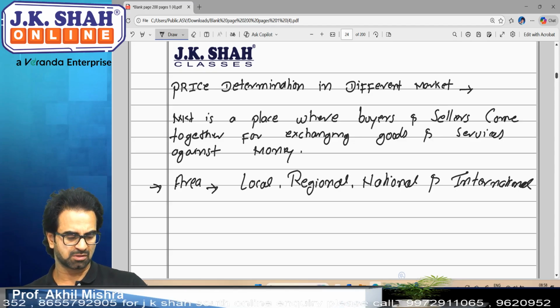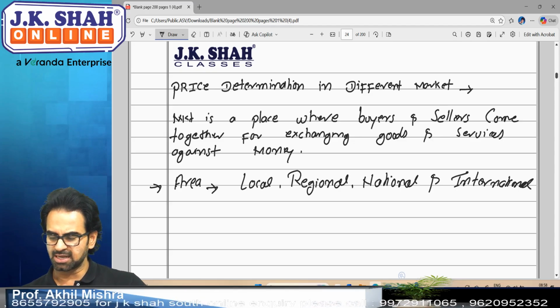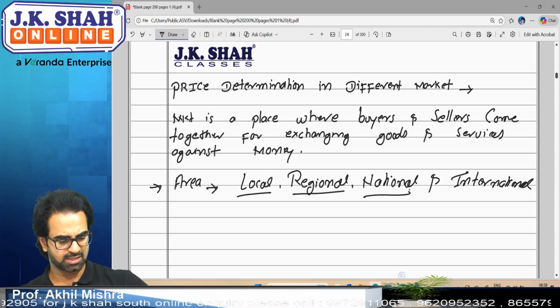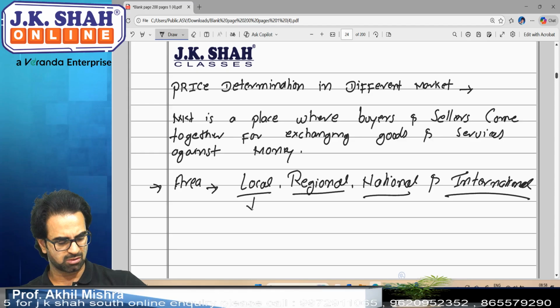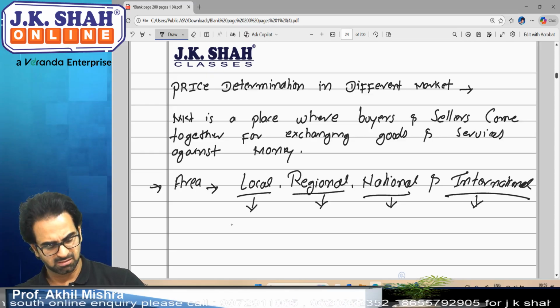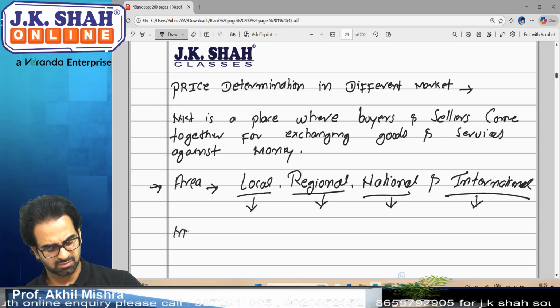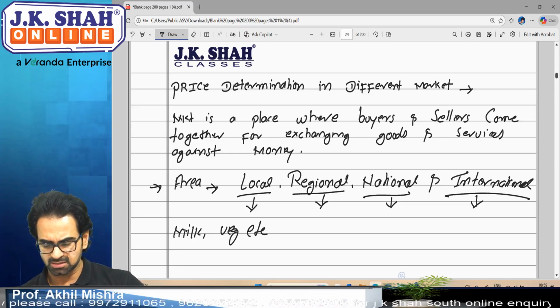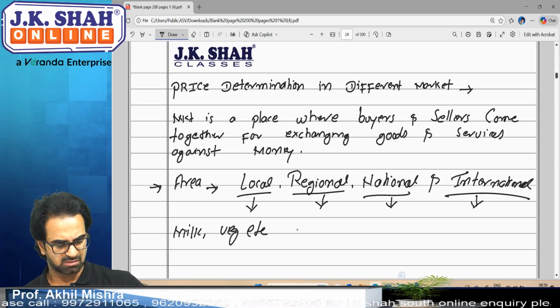Local, regional, national, and international, 4 types. Now, if you see the kinds of goods we get in each, these are of course different. Local is what you get, for example, milk, vegetables, etc. Regional market, what you get, like shirt, trousers.